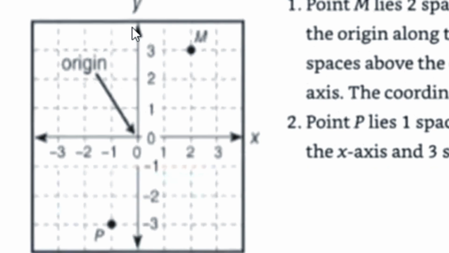The reason is it's a universal standard. So that means that if you told somebody in Russia that your friend is at point 2, 3, they will know to begin on the x-axis and move 2 steps to the right.